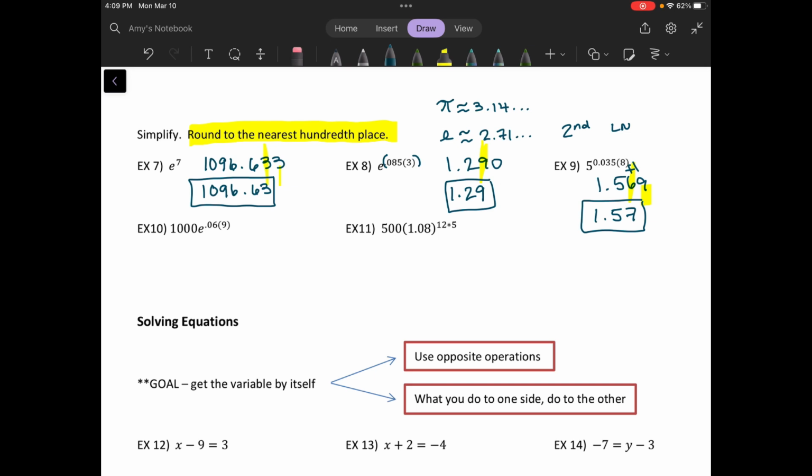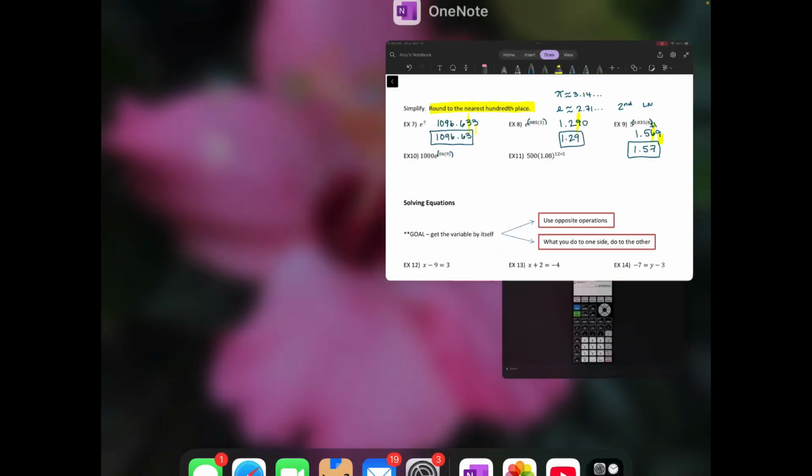Just 2 more, and again, we're just practicing how we type these in the calculator. So back on number 9, I'm going to add those extra parentheses around it. On number 10, we're going to need some extra parentheses there. And actually, if you have an 83, when it types E, it automatically opens a set of parentheses. So let's type 10 in the calculator.